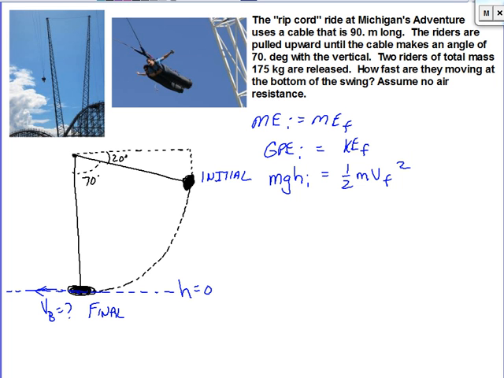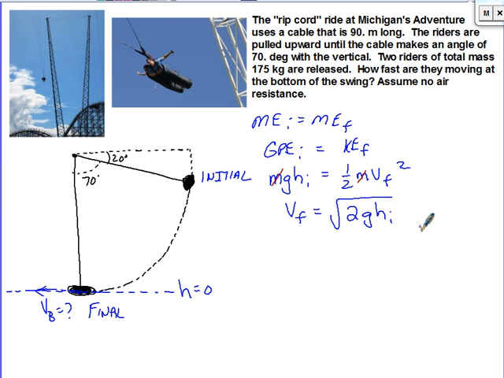Again, like I saw in the last problem, the mass reduces out. And since I'm looking for the velocity at the bottom, I'm going to solve for v final. And I see that v final is equal to the square root of 2gh initial.